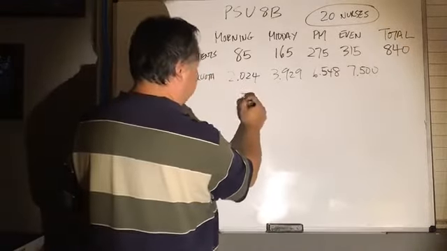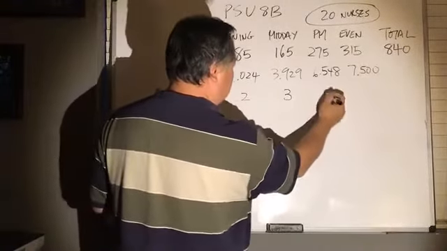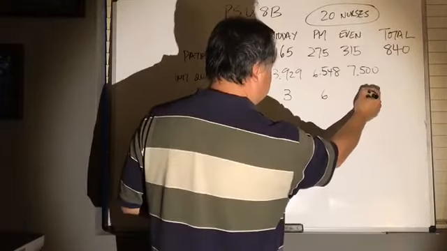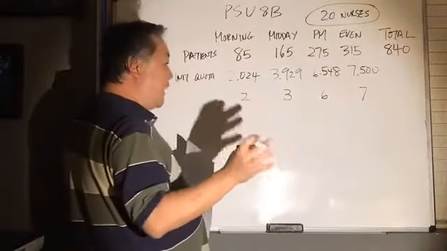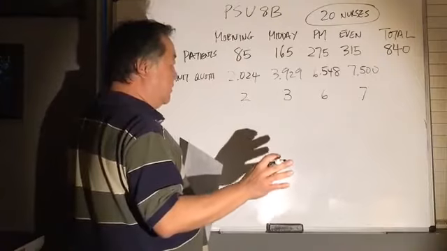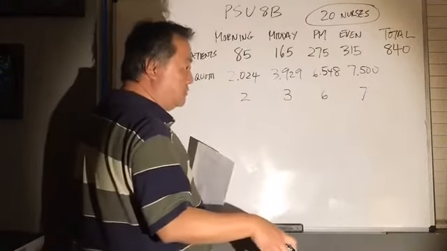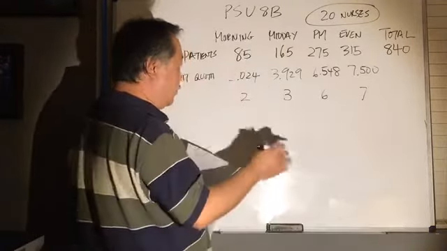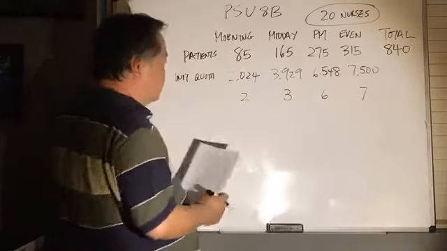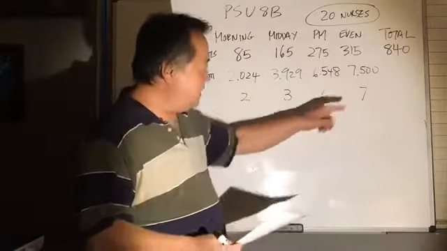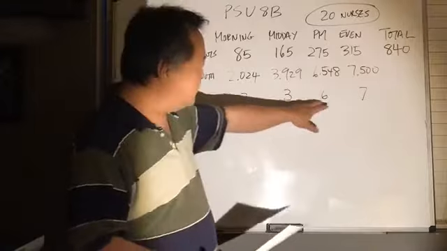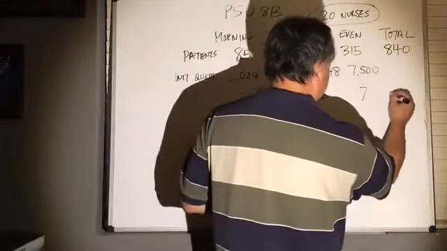Okay, so we'll only keep the 2, keep the 3, keep the 6, keep the 7. We're not rounding. Well, we're rounding down, but we're not rounding according to the value. So we're only keeping these, and we add these up. 5, 6 is 11, plus 7 is 18.